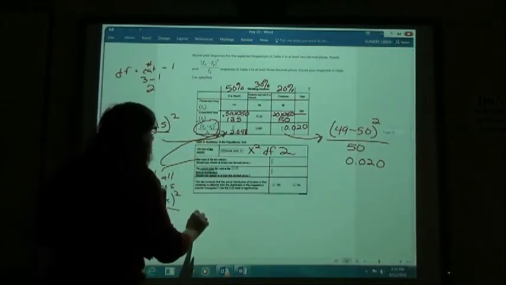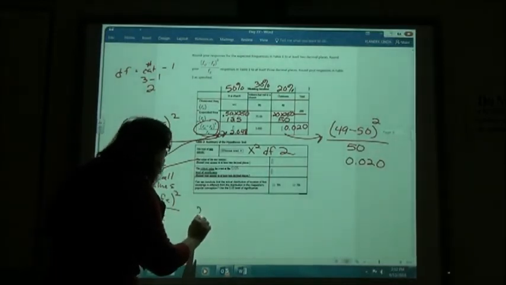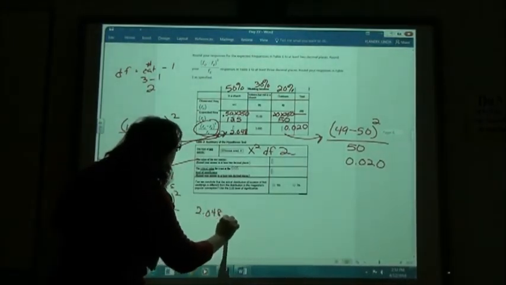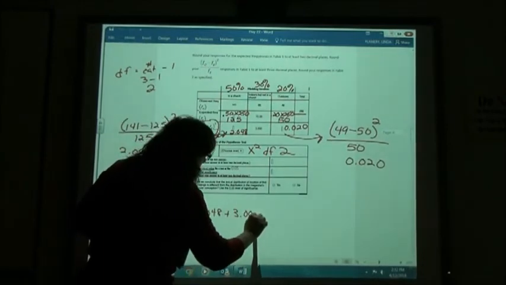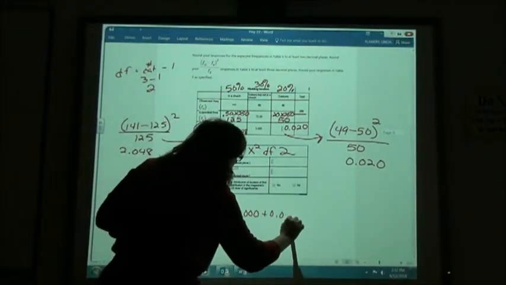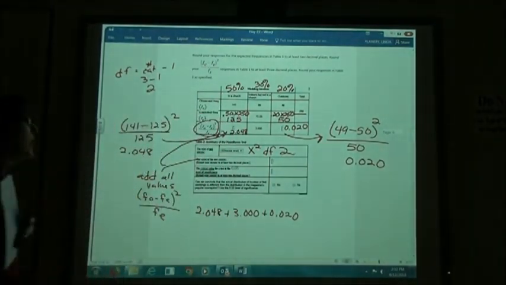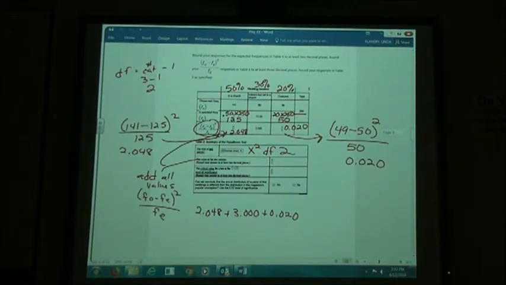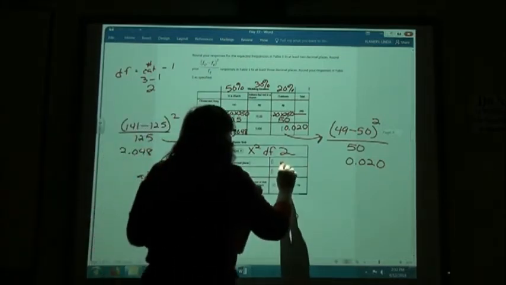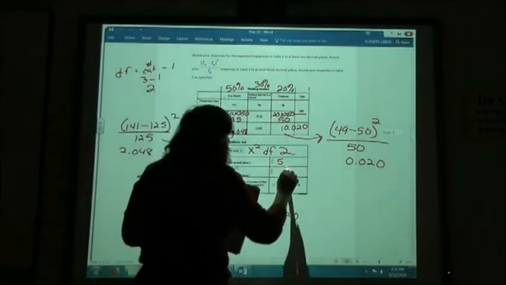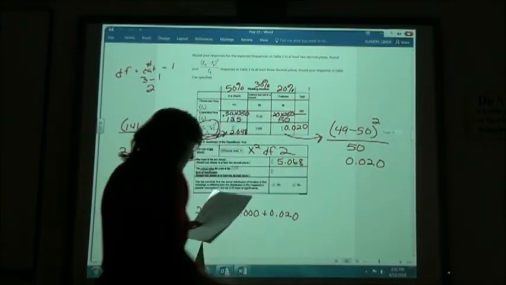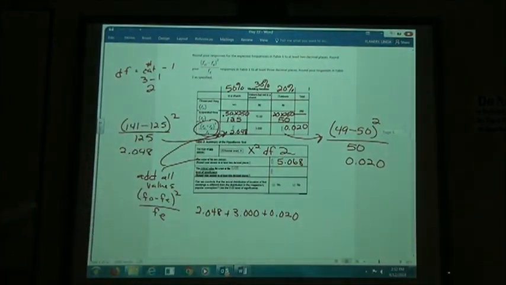So I am going to take 2.048 plus 3.000 plus 0.020. We only had 3 columns this time, so we're going to add up those 3 numbers. So if we add up those 3 numbers, we get 5.068.